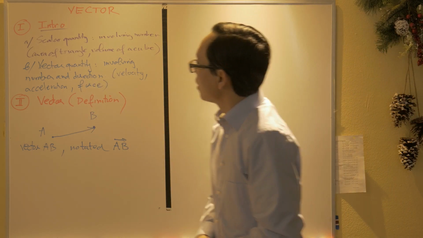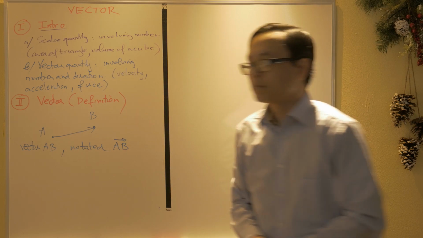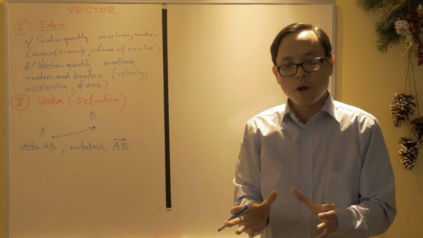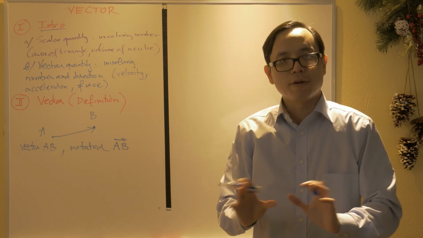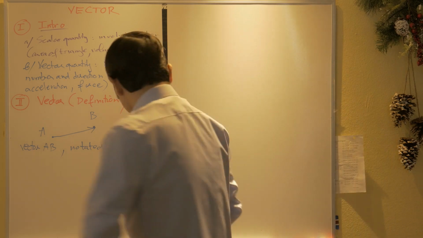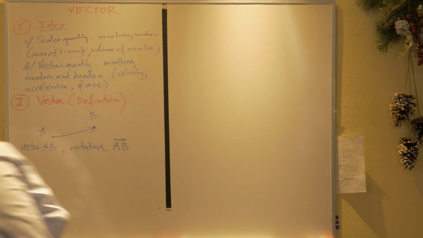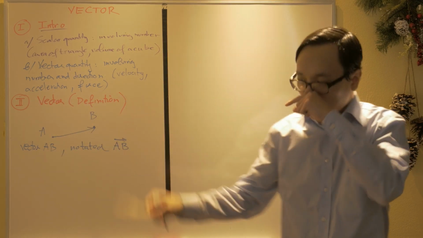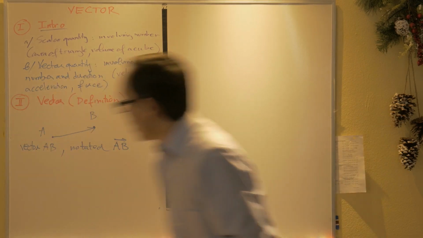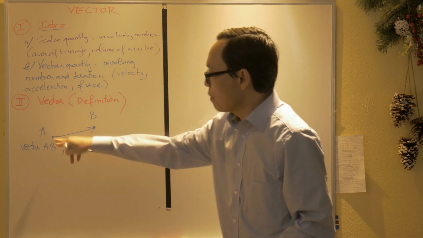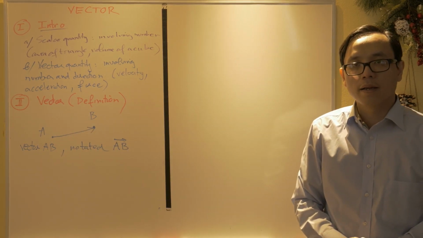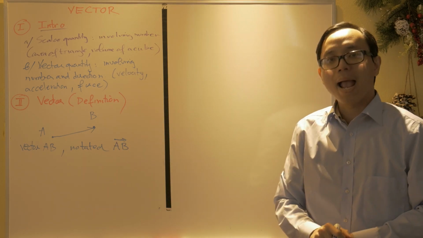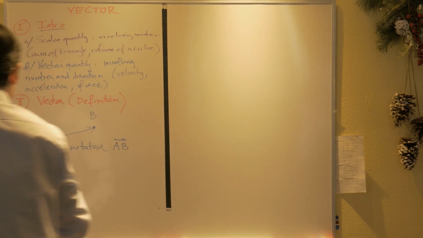And because vector involves number and direction, every time we have a segment, we might know the magnitude, the length of that segment. For example, I measure this segment AB here, and I say this is 6 inches. So the length from A to B, not including the direction, we call the magnitude of vector AB.